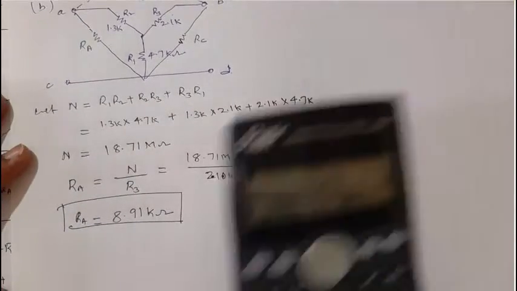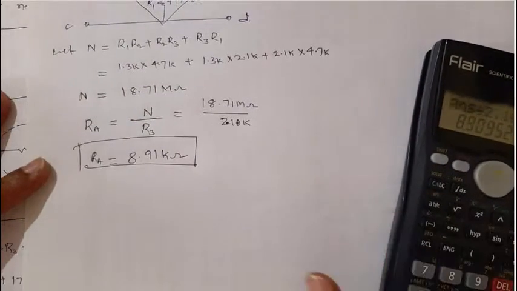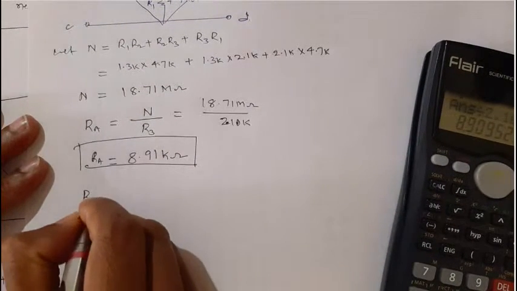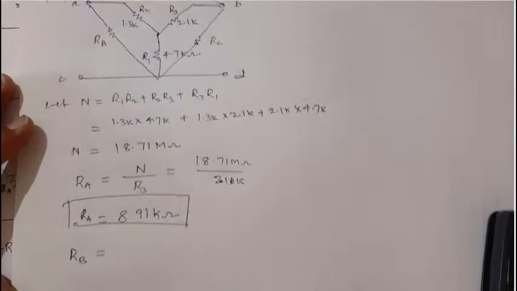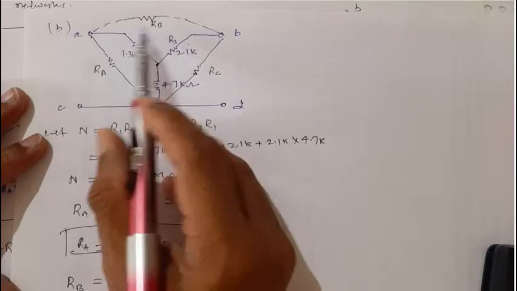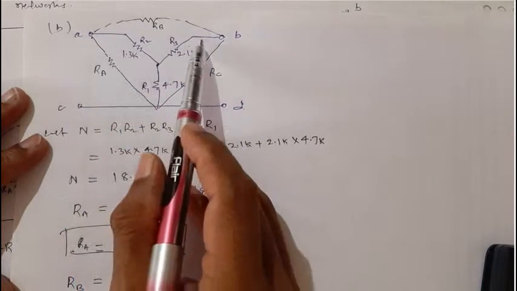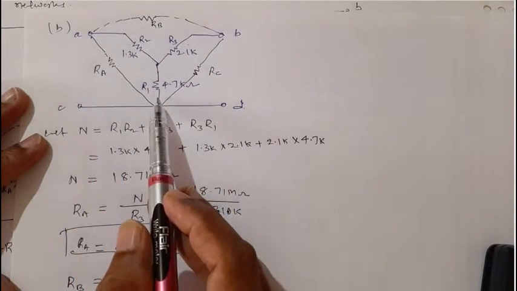Similarly, we can calculate RB. Look at dear students, this is the resistance RB. To this, these two resistors R2 and R3 are connected, and the resistance which is not connected is R1.